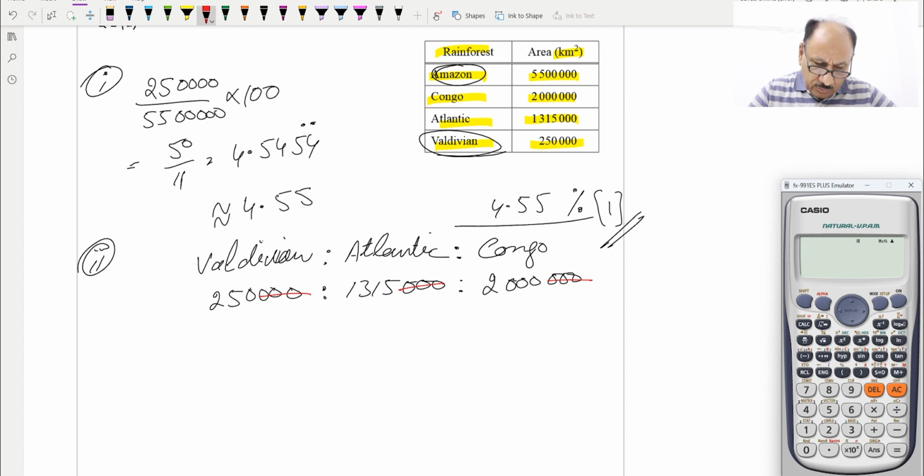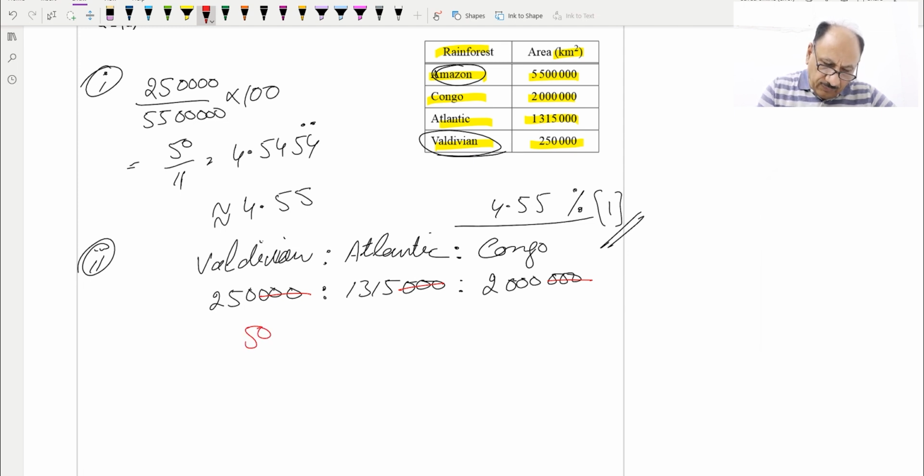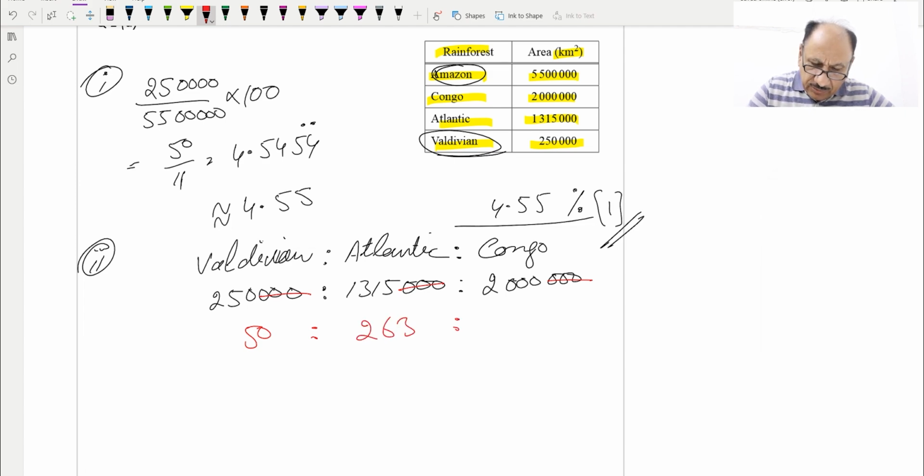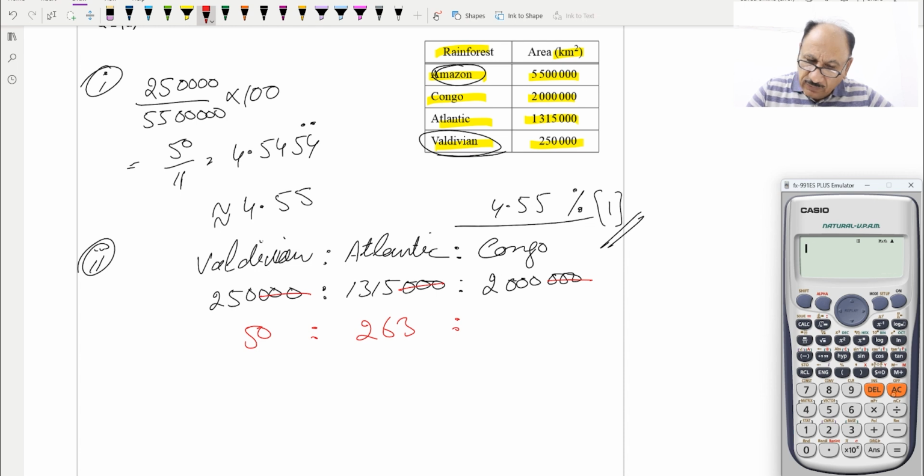So let us check by 25. 250 divided by 25 will be equal to 10. Is 1315 divisible by 25? No, it's not divisible. So we'll have to divide it by 5. So 250 divided by 5 will be equal to 50, and 1315 divided by 5 will be equal to 263, and similarly we can divide this also by 5.